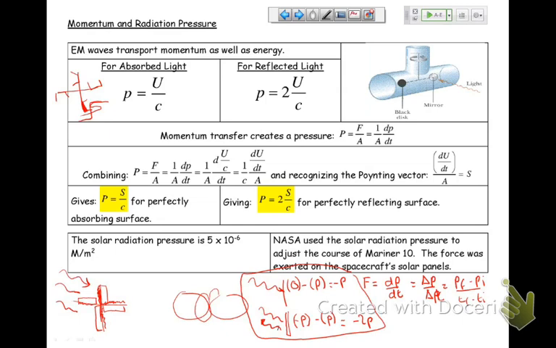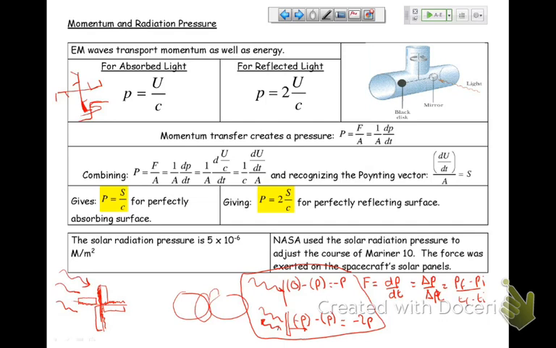So this idea about being able to make something bounce back is really good for creating a force by a change of momentum. And that's what this does. The reflection makes it bounce back. So you can have twice the force or more force on the white side than you do on the black side.